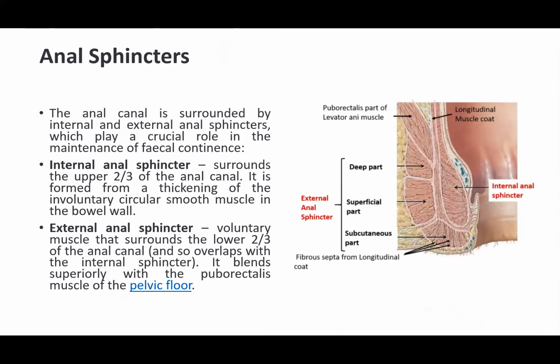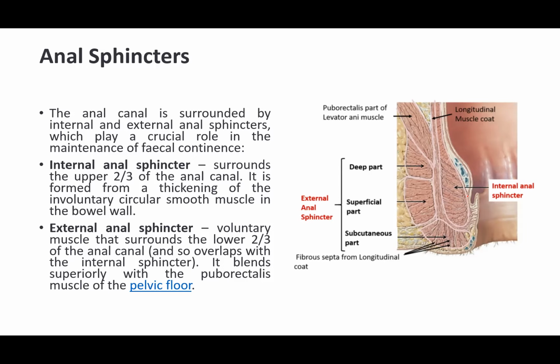You should know that the internal anal sphincter is a continuation and thickening of the inner circular muscle of the rectum, and it has involuntary innervation. While the external anal sphincter is somatic, is voluntary. It has somatic innervation.